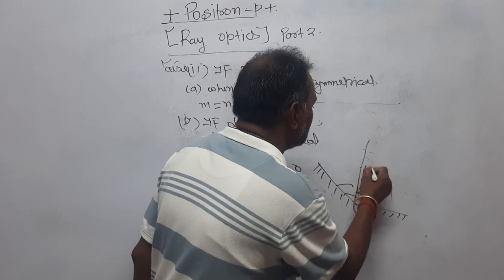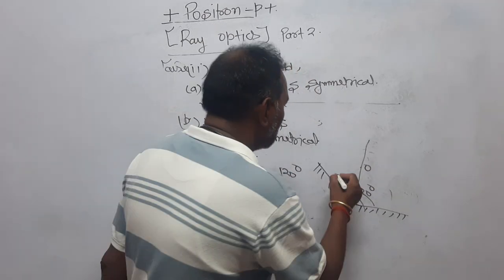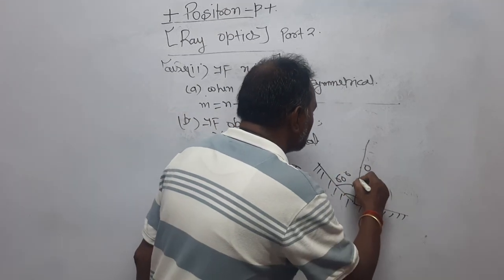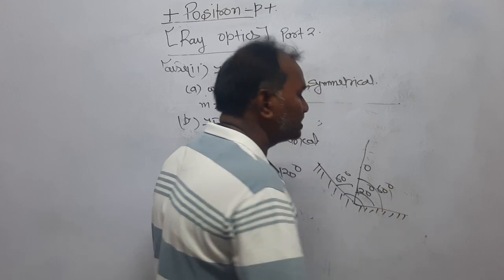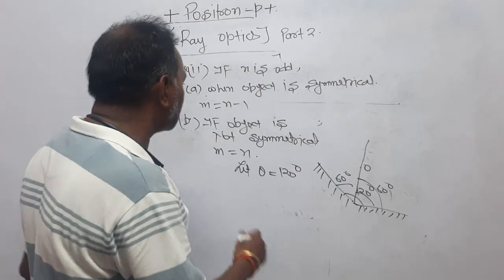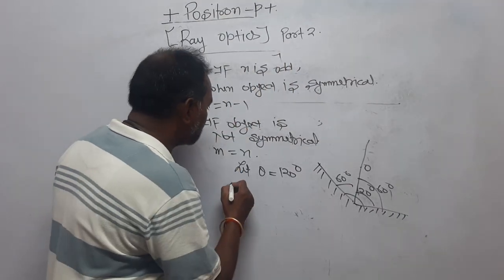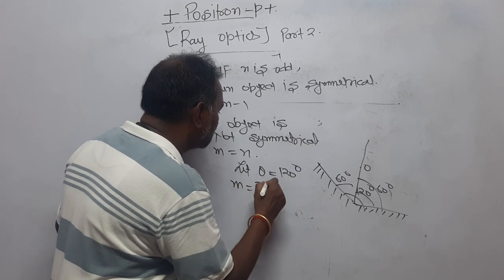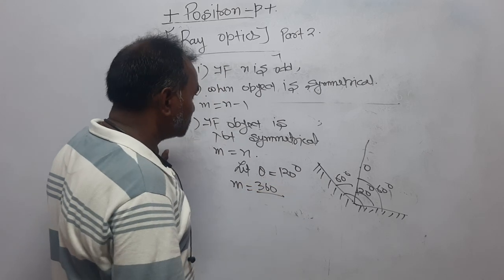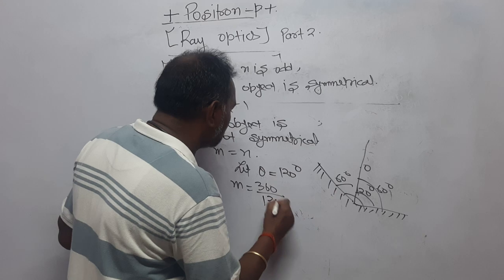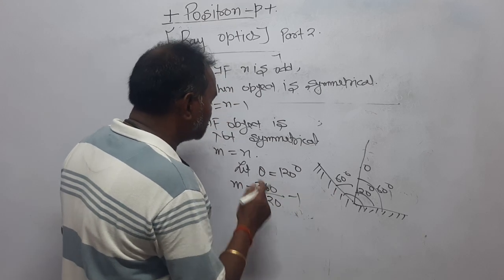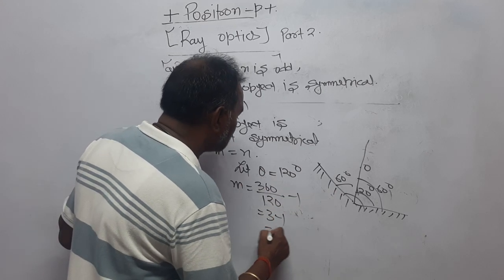Let the object be here, so from the first mirror it makes 60 degrees, and from the second mirror it makes an angle of 60 degrees. In that case, m is equal to 360 over theta, theta is 120, minus 1. That is 3 minus 1, which is equal to 2.